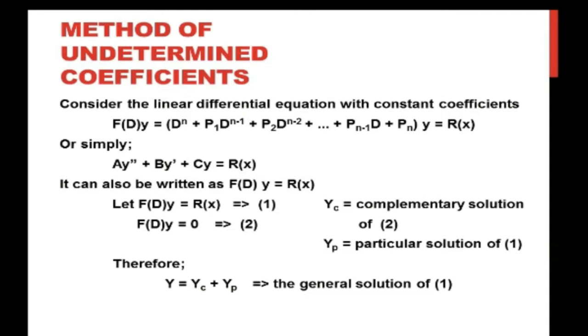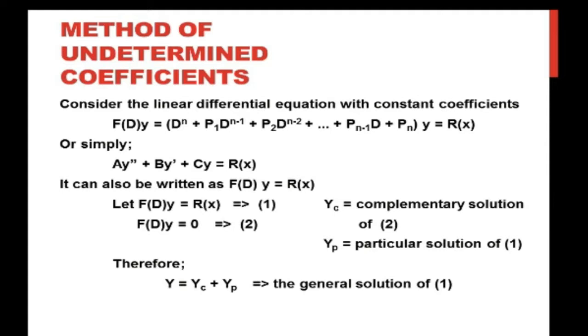So sa method of undetermined coefficients, considering the linear differential equation with constant coefficients, which is the equation na ito ay equal sa r of x, or simply a y double prime plus b y prime plus c y is equal sa r of x.